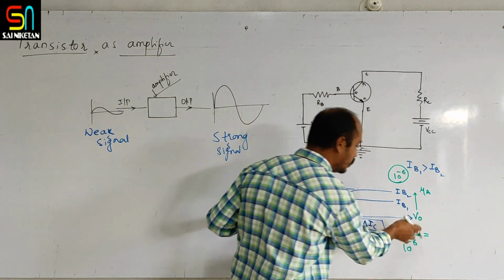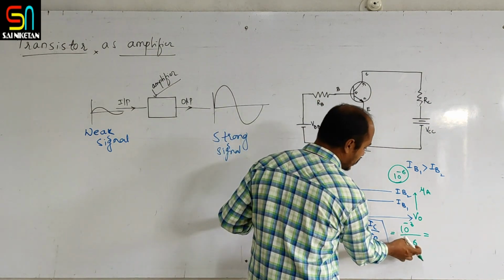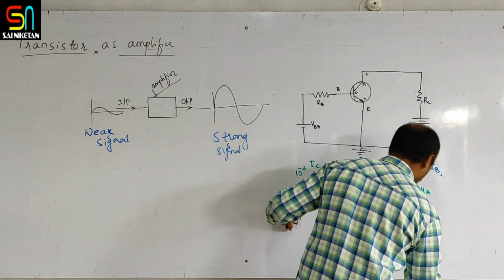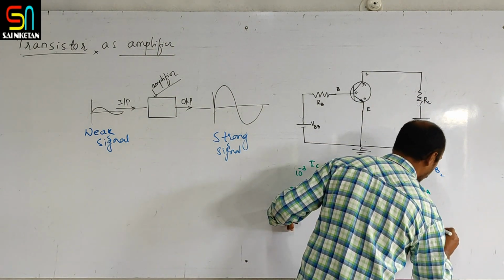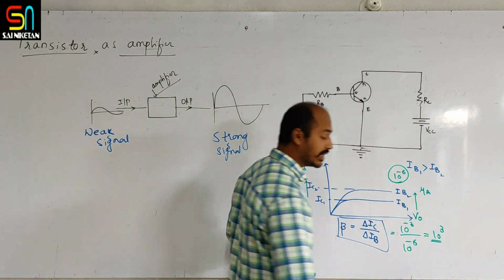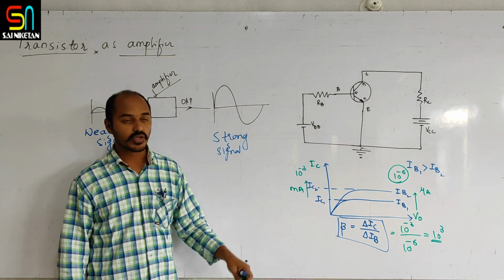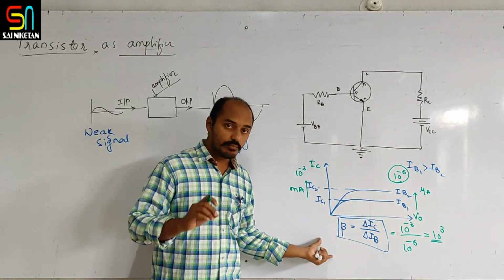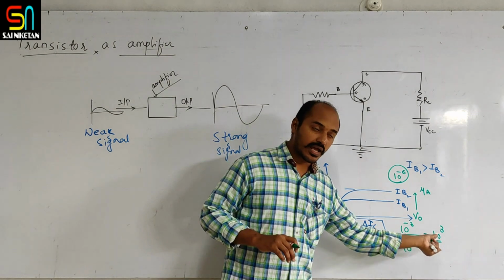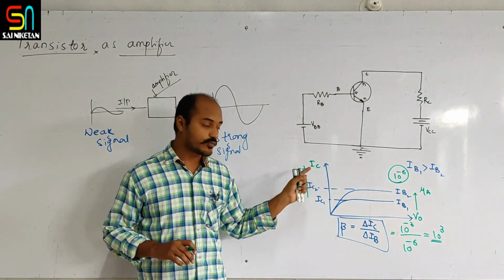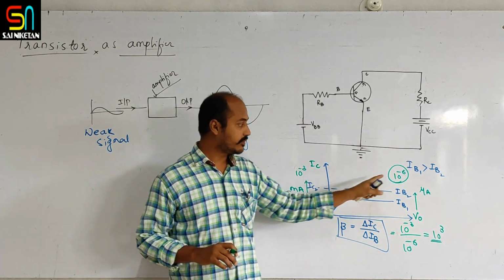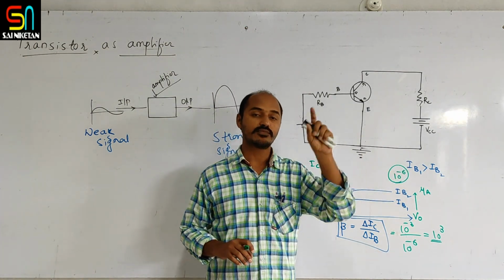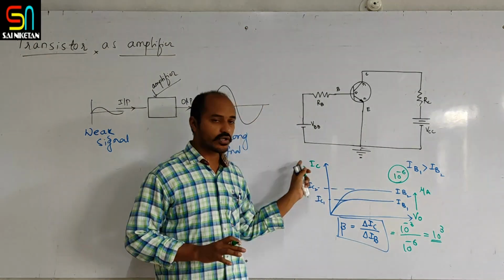If you divide these, you get 10 raised to minus 3 over 10 raised to minus 6, which goes upside and becomes 10 raised to plus 3. Hence the output current is increased 10 raised to 3 times. It is just an example I am giving. For an increment of 10 raised to minus 6 in the input current, the output current increases 10 raised to 3 times. I hope you get the picture of this one.